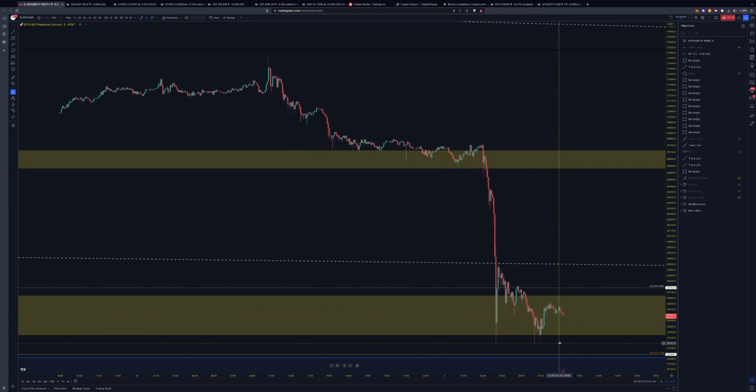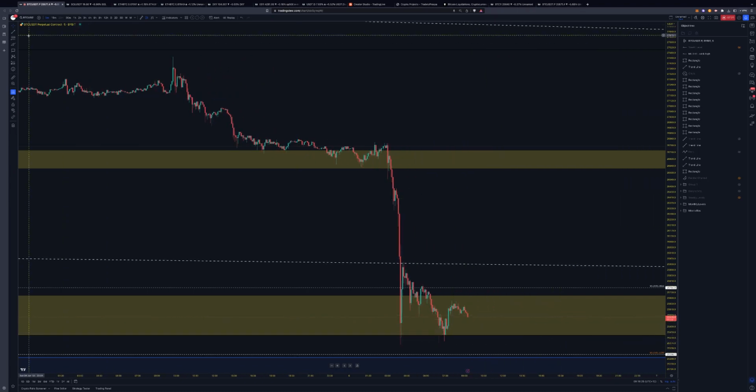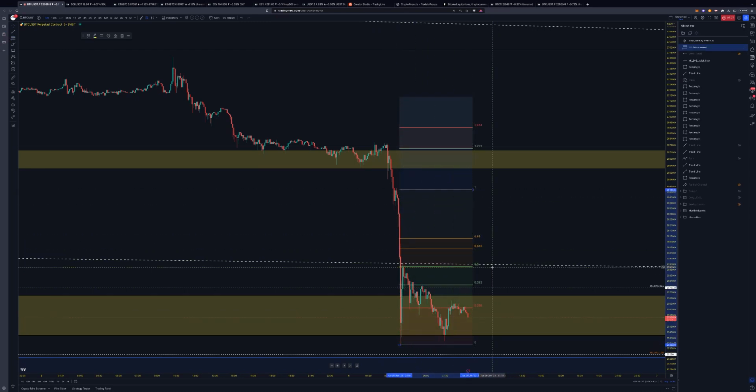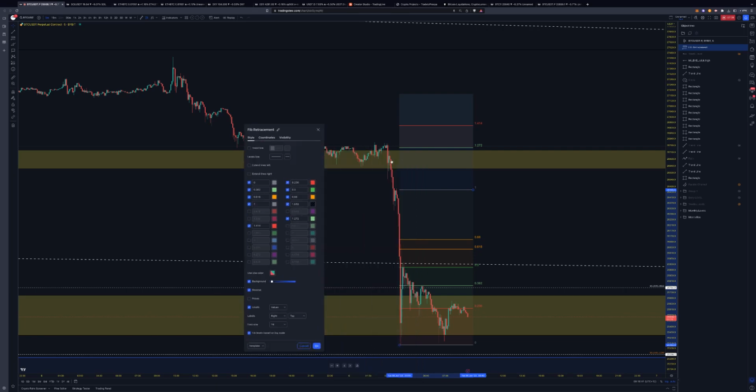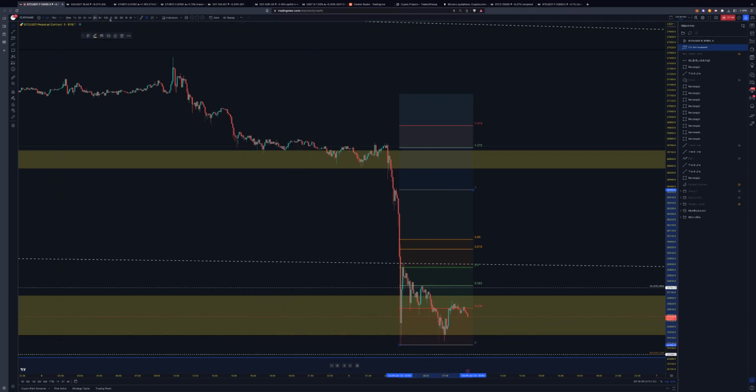So I came late on the scene, and from the wick to there, we got a 0.5 fib, and let's see if it makes a difference. Okay, not much. So let's go to the 1 minute.